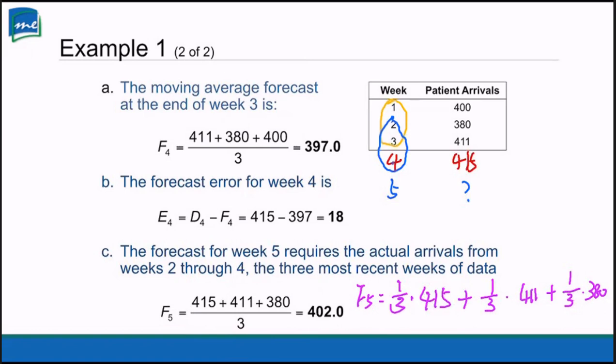Week 4, week 3, and week 2 have equal weights when we make the week 5 forecast. So this is what we call a simple moving average.